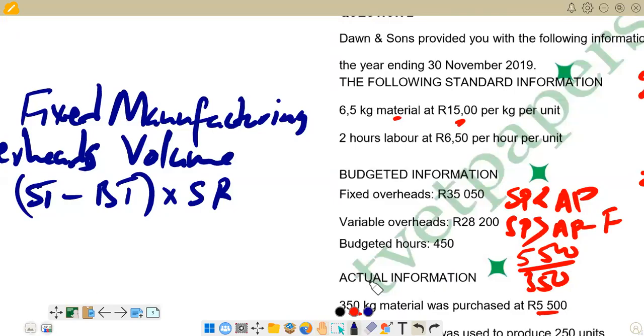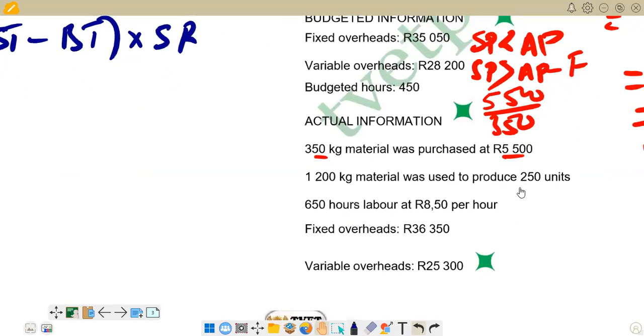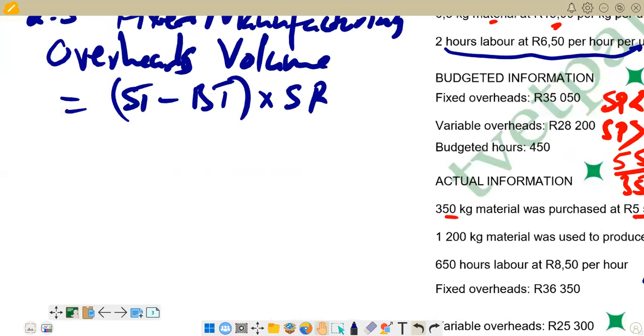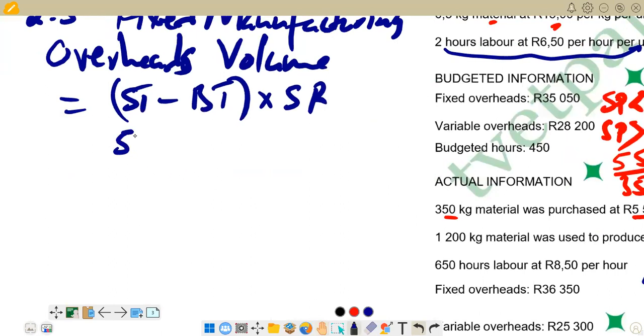The number of units is 250. So standard time is 250 times 2, and we get 500. So here we have 500 representing our standard time.